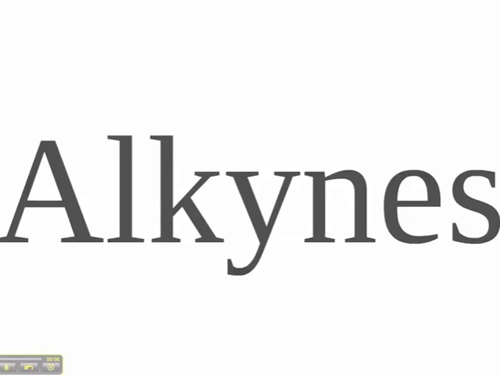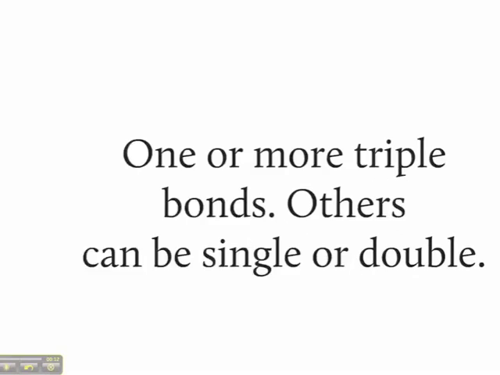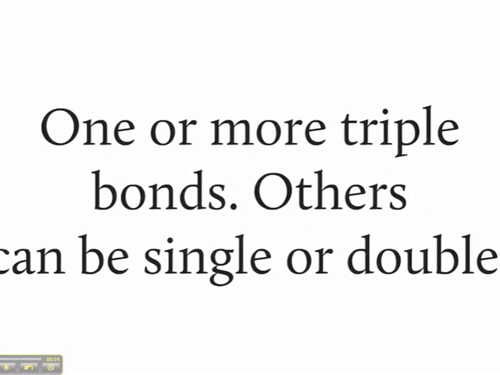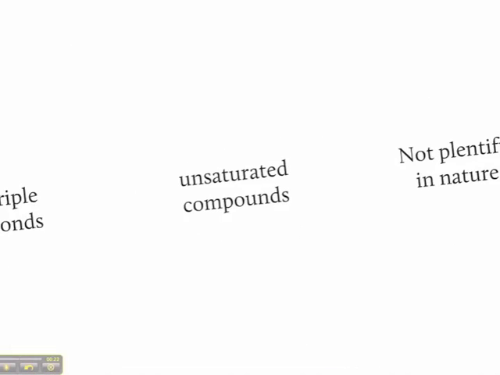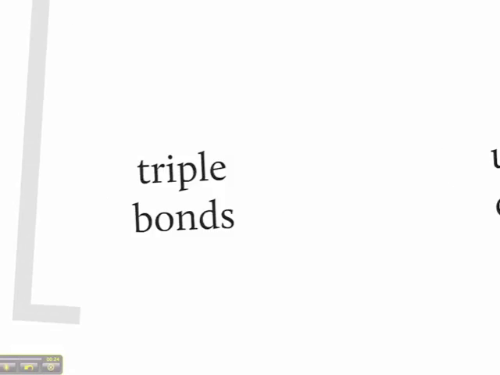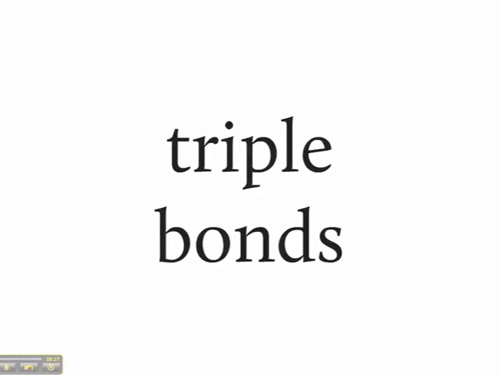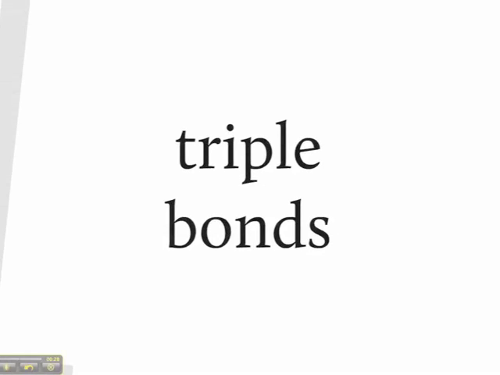Alkynes. You'll notice the ending changed again to Y-N-E-S this time. We say it ines, alkynes. Alkynes have one or more triple bonds. Others can be single or double, but they have at least one triple. They're triple bonds.